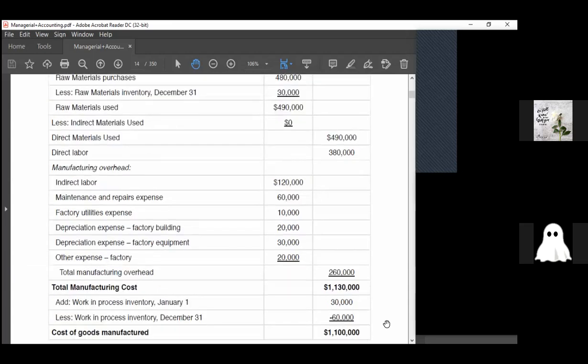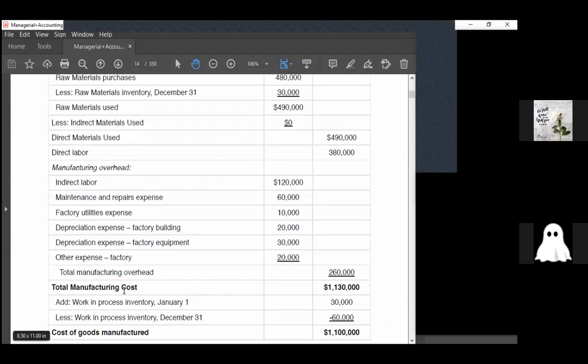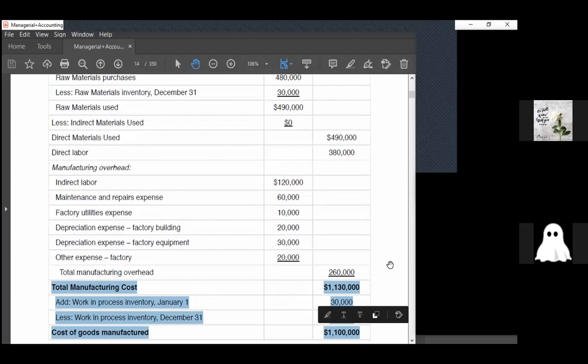You can see below that there is the title called cost of goods manufactured. So we have total manufacturing here, and then we have cost of goods manufactured. This is a separate title given to signify something of relevance.